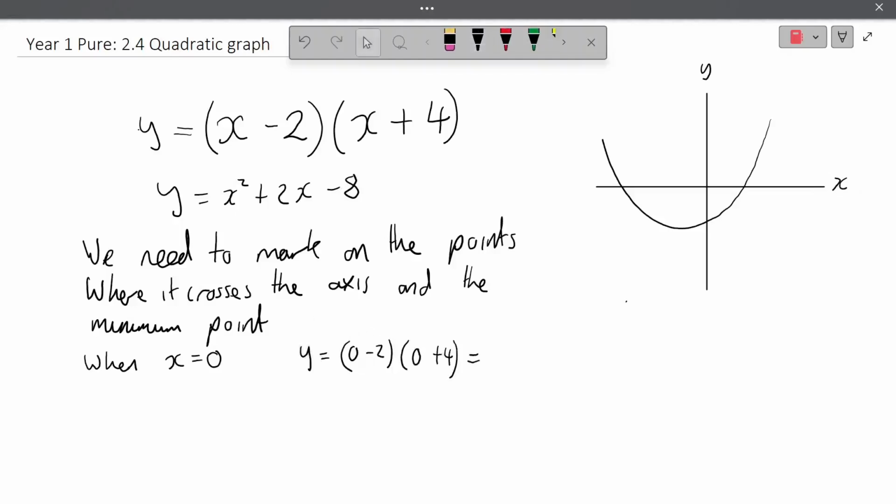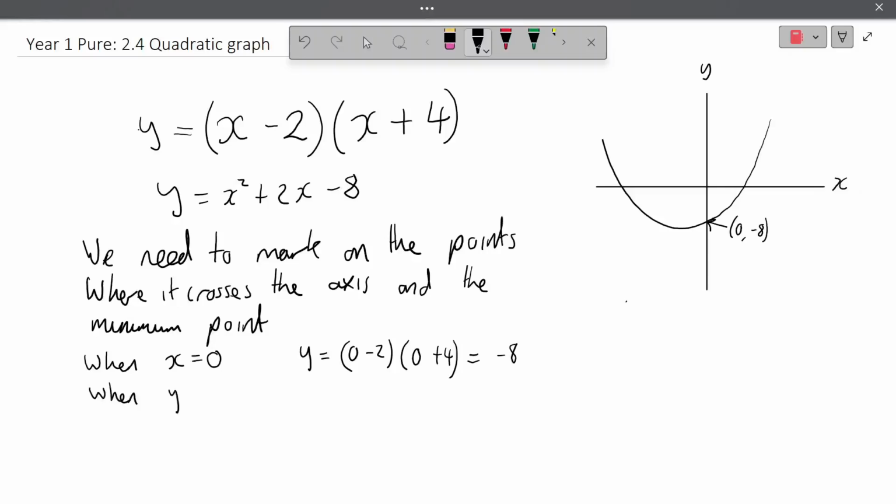Well, that's minus 2 times 4, which is minus 8. So this point down here is at y equals minus 8. You can just leave it as minus 8, but you could have it as a coordinate. So we could go for 0, minus 8.